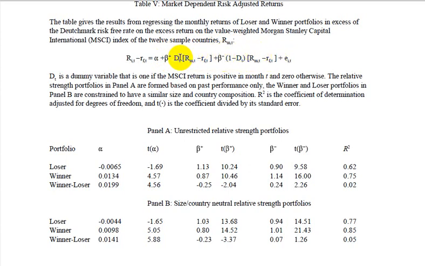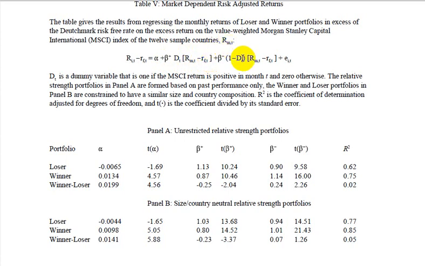This D_t right here is a dummy variable, where during a bull market it's 1 and during a bear market it's 0. So in a bull market, D_t is 1, then the regression uses this piece.